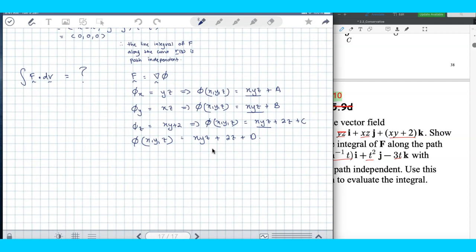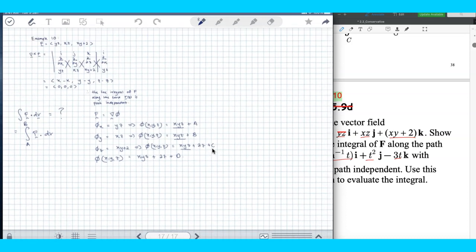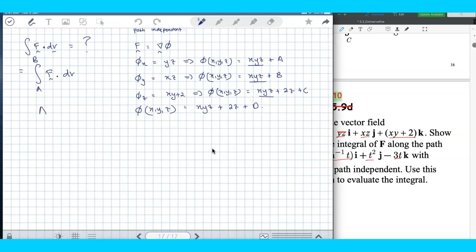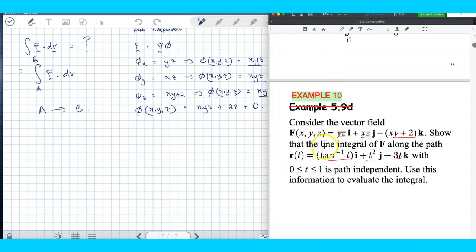Then to use the fundamental theorem for line integrals, you have to find point A and point B in terms of x, y, and z. How can we get point A to point B? Let's take a look.